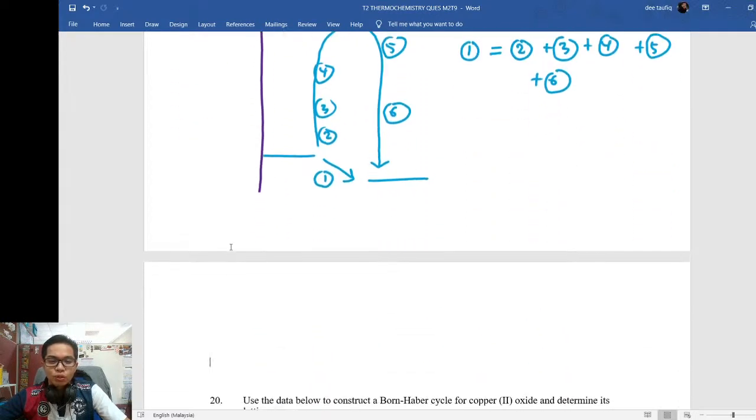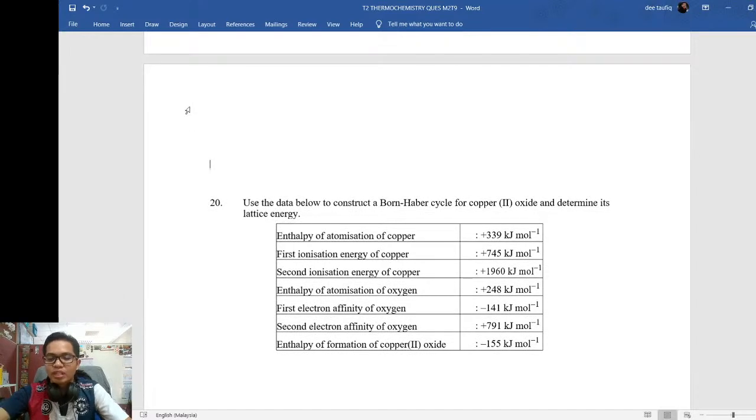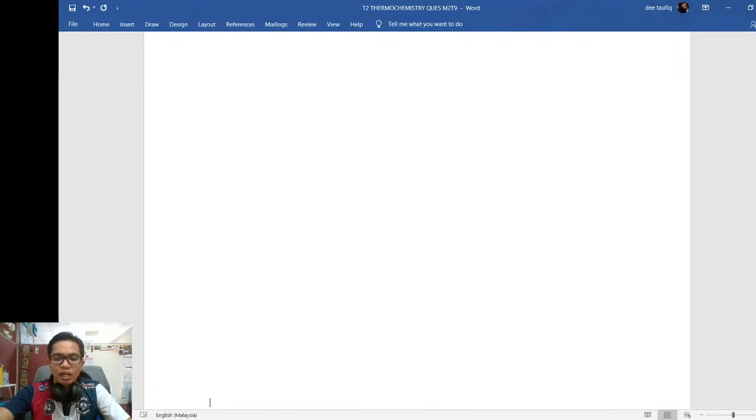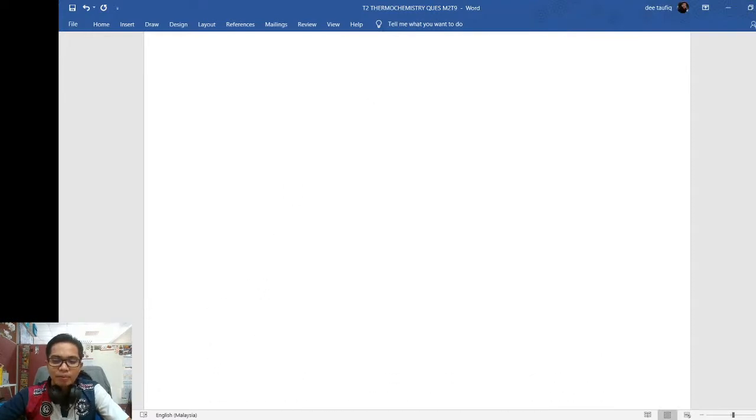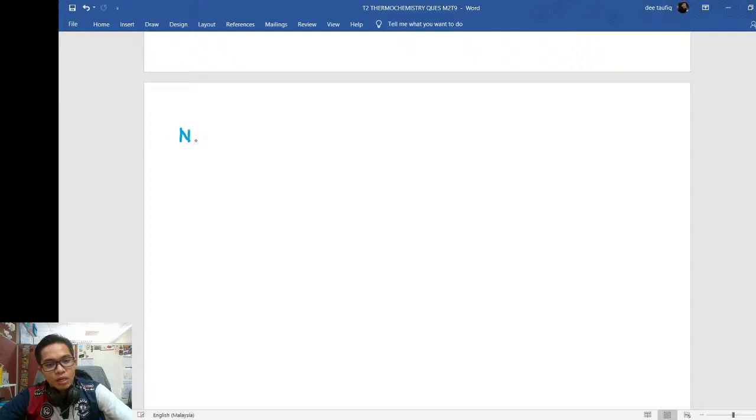Okay, now saya nak tunjuk untuk energy cycle. Yang ni favorite. Even dalam soalan pun dia agak favorite juga lah untuk buat sebab dia lebih senang. Senang untuk lukis. Pengiraan dia sama. Okay. So still I'm going to use NaCl as my example.